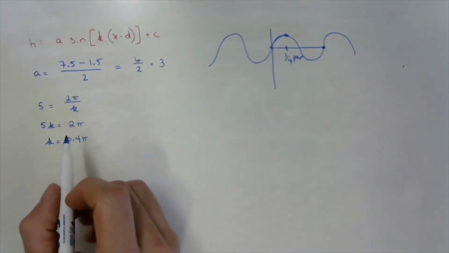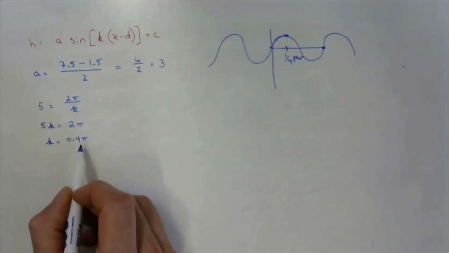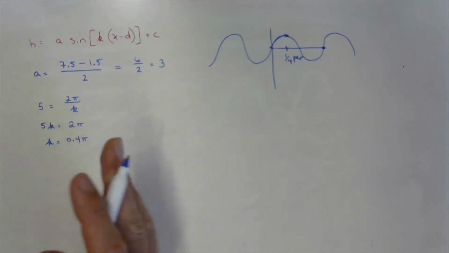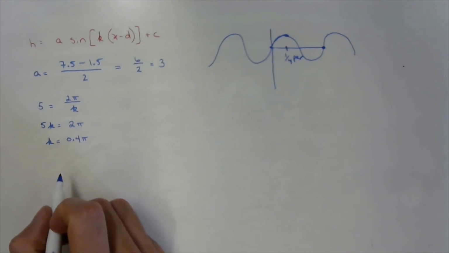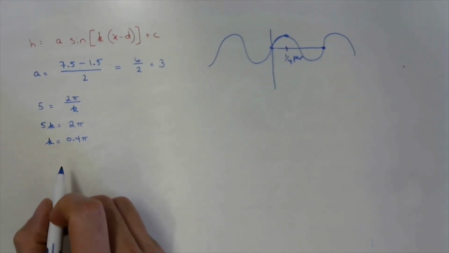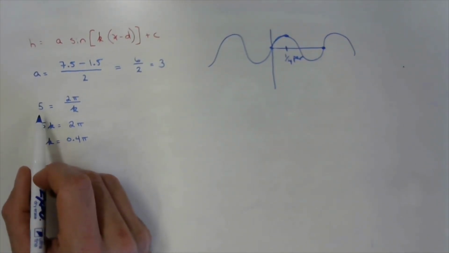Well, we're going to use our new period length of 0.4 pi to calculate where this maximum should occur, and then we'll know exactly how far to move this thing left or right, okay? So in this case, 1/4 of a period, if a period is 5 seconds, okay?